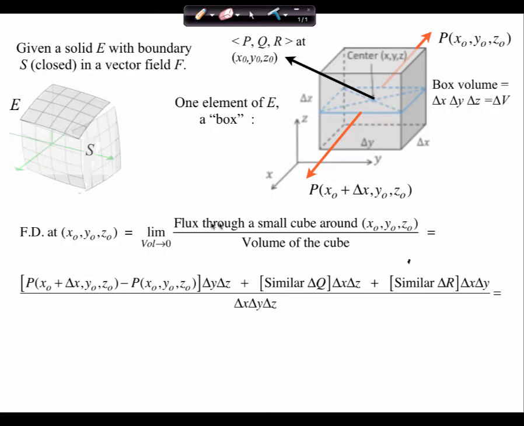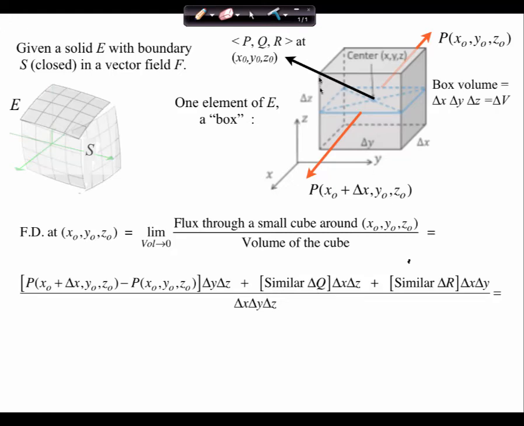Divergence would be the same as flux density. For the flux, we have that little change in P times delta y, delta z. Similarly for the change in Q, similarly for the change in R.